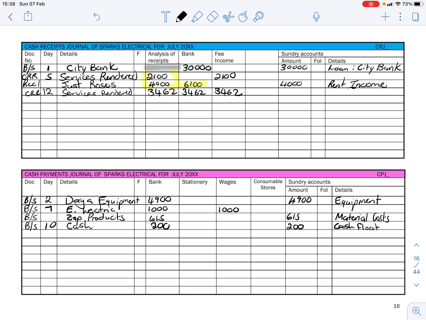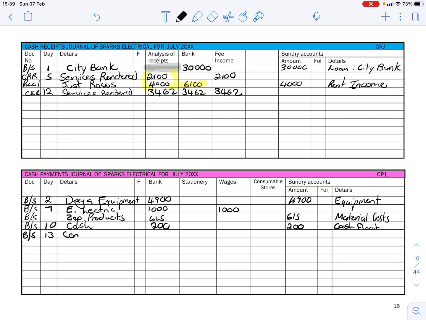On the 13th, we bought consumable stores, 1,350 Rand, and stationery, 850 Rand from central suppliers. So what we need to do there firstly is, and I just want to get a calculator out, sorry. What we need to do there is firstly, our source document, which is a bank statement, which takes place on the 13th.